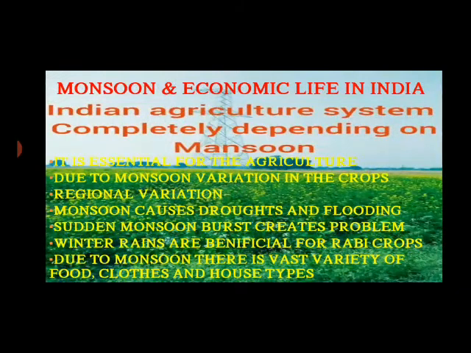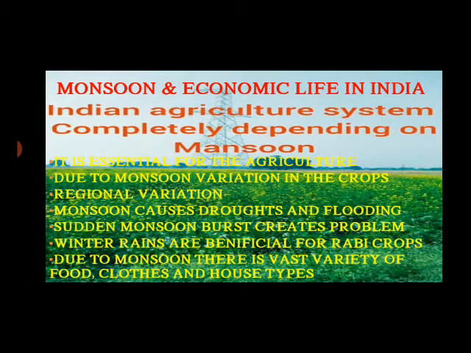Now let's talk about the monsoon and its economic effect on the life of our country. The Indian agriculture system is completely dependent on the monsoon. It is essential for agriculture. Due to monsoonal variation, there is a lot of variation visible in the cropping system of our country. The regional variation of the monsoon is also visible.